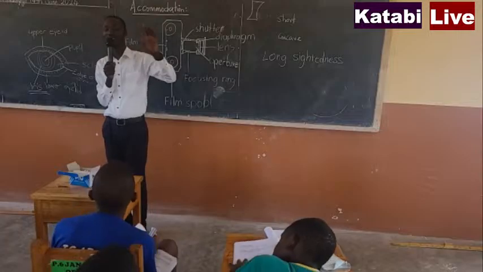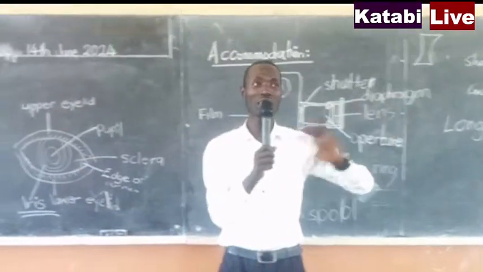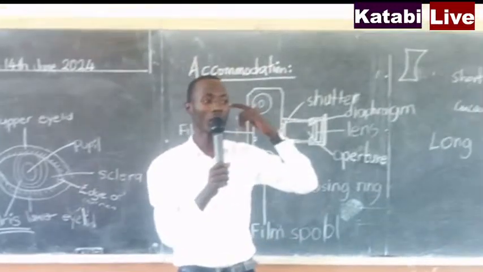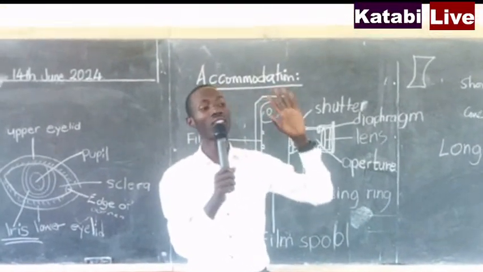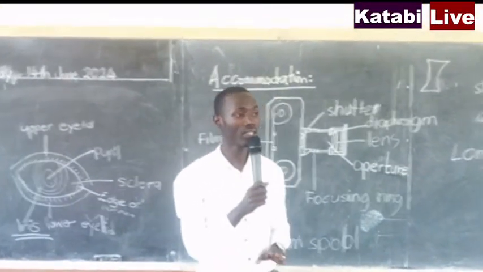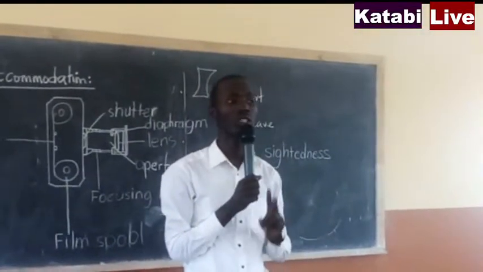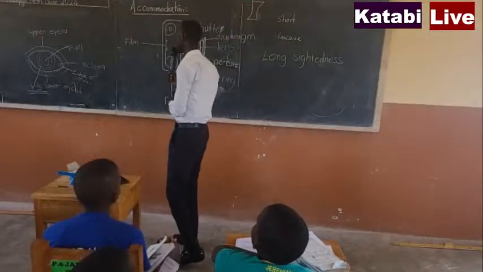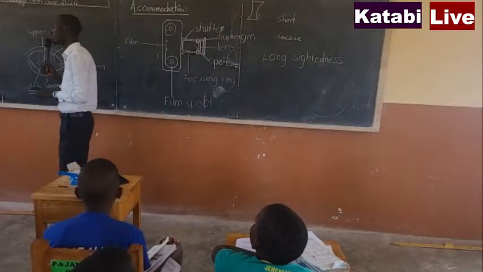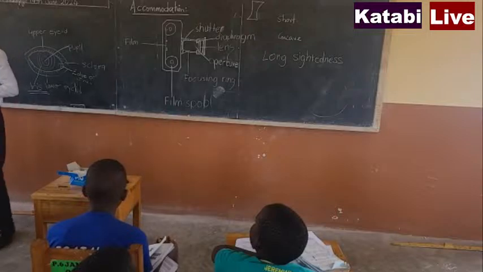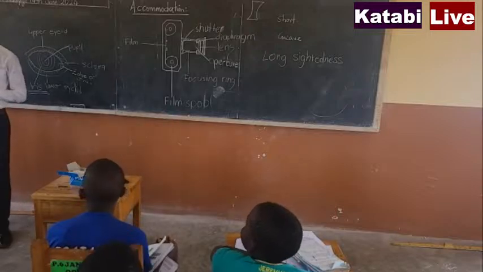Most of them, sometimes because of chemicals in the body, have their eye receptors affected, and they become colorblind. So the answer is colorblindness can never be corrected, but defects like short-sightedness, long-sightedness and astigmatism, some of them can be corrected.